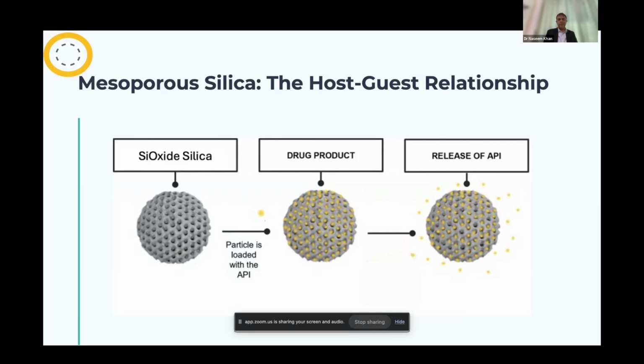But if you want to convert your API into powder, 75% we have seen can be converted from liquid to powder, or oil to powder. But that totally depends on the viscosity of the oil or the API you are going to convert from liquid to powder.